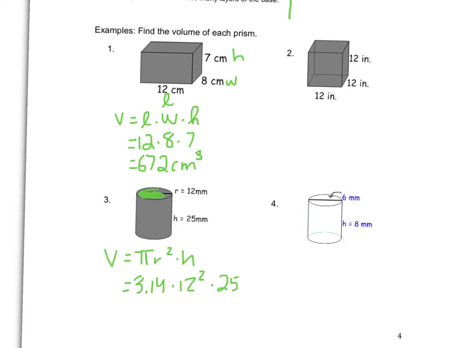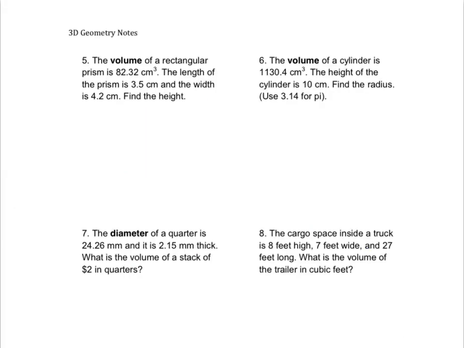And we get 11,304. And again, we have millimeters cubed. I will let you try example 4 on your own, but make sure that you remember to use the radius, not the diameter.